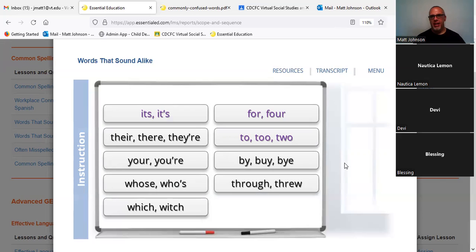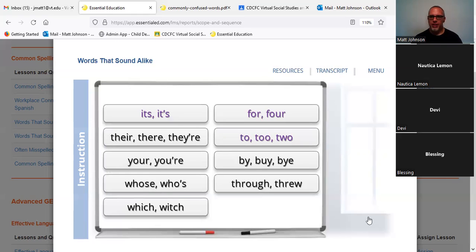And then you could see again, by and buy, the difference in verbs and prepositions, and who's and whose. So the list goes on, and there's so many more than that. Like we said, there's a whole page here of commonly confused words, but you kind of see the idea. And oftentimes it involves pronouns and contractions.